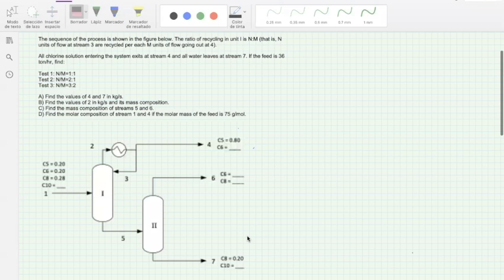Right from the start, okay, to save us a little bit of time, what we can do is fill in this information, because these are the mass fractions here, and we can fill them right away. That information must be known right away.